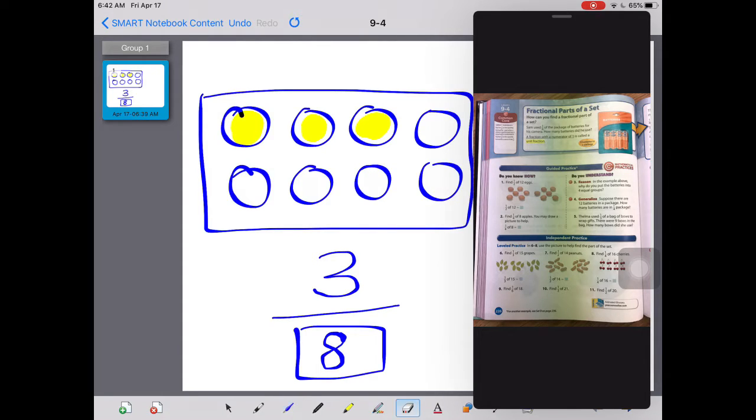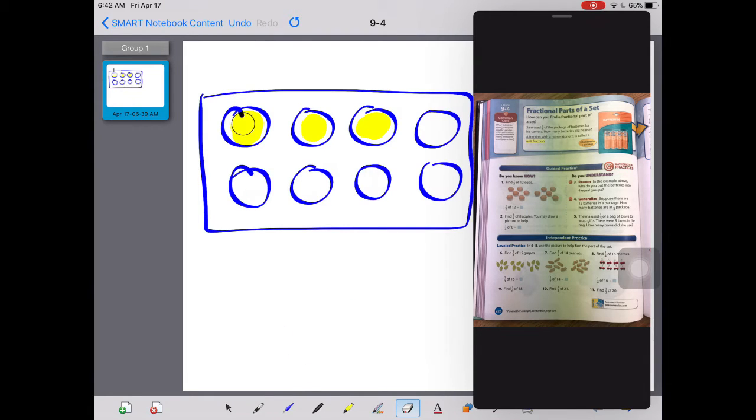But what we're going to move on to now is taking parts of the set as fractions. And so now you've got something different. You're given, here's your set, and instead you're given a fraction like this, 1/4.